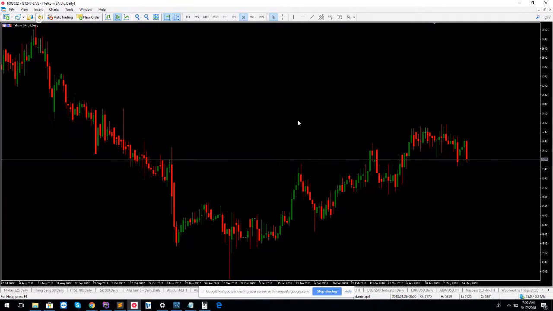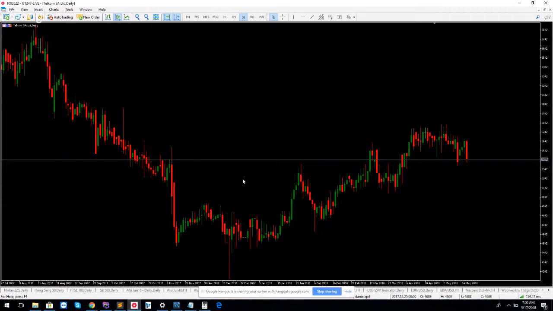So recap, a chart is a representation of the price movement of an instrument. Each candle is a specific time period where that candle is going to have an open and a close price, a high and a low. We've got trends, an uptrend and a downtrend, bull or bear.